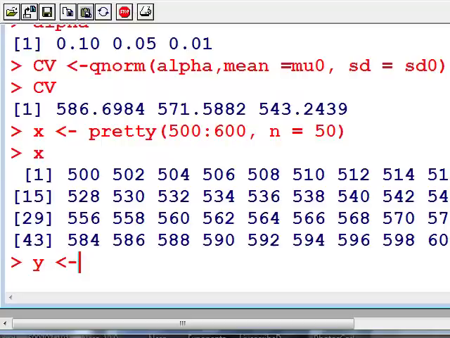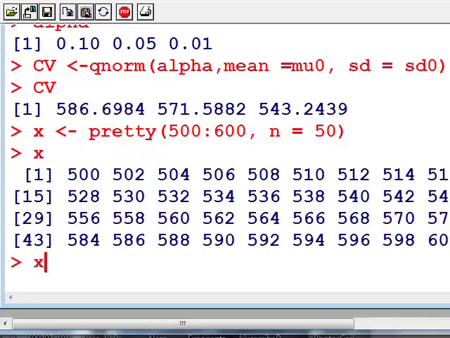Now let's go get the values that will be on the y-axis. The values on the y-axis we're going to get from the distribution curve for the normal distribution. So it's a D because you want the points on the curve, and it's a normal distribution, and we want them associated with every X value. So these are the X values, 500 to 600. What am I doing? I needed 640. Okay, good, I saw that. So let me fix it up.